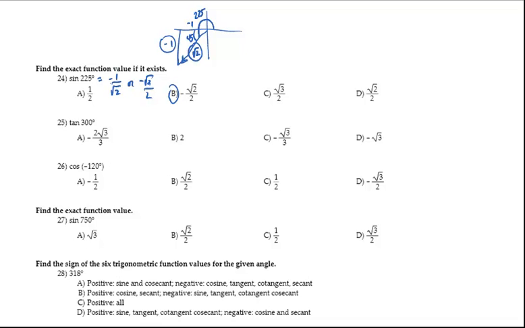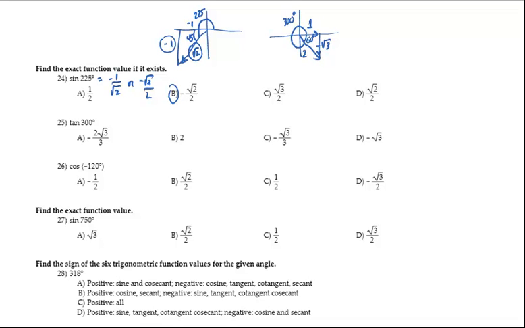Now we go to the tangent of 300. Again, we draw the diagram. We pace ourselves out to 300, and we remember a 300-degree angle is a 60-degree reference angle. So our sides for this triangle from our special triangles will be root 3, and that's negative because it's pointing down. It would be +1, and this would be equal to 2.